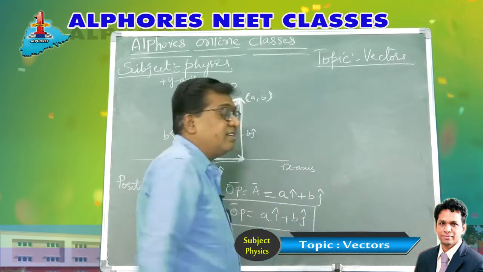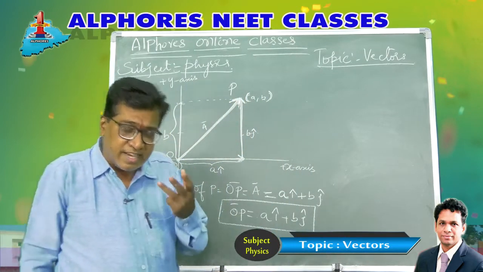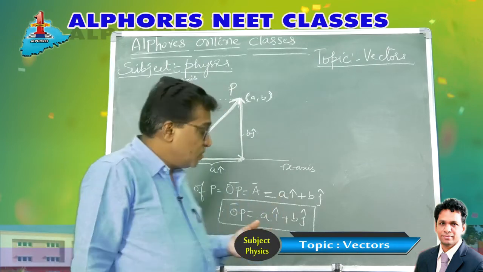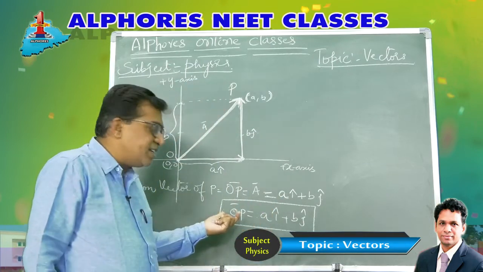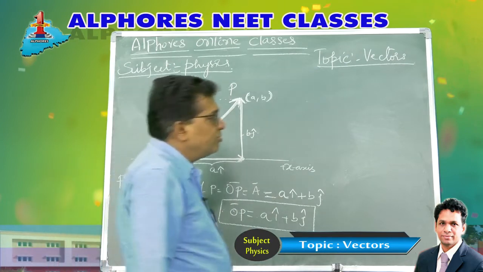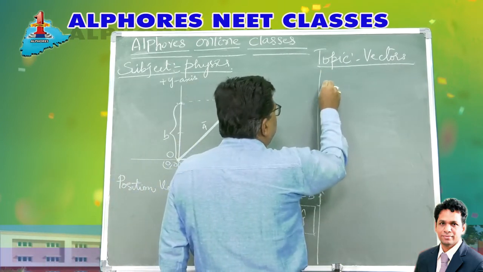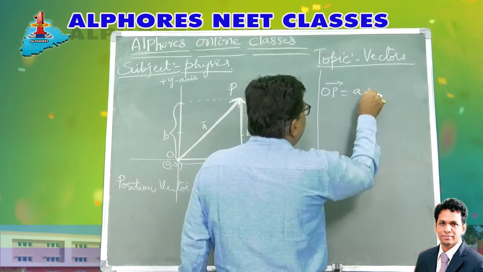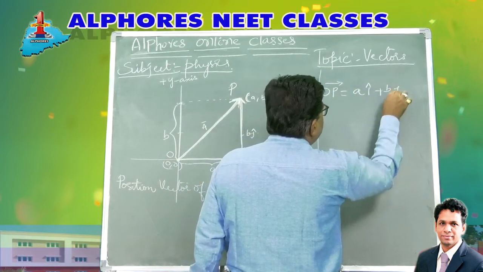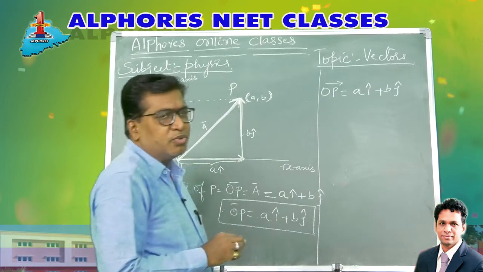Then for a vector, there is magnitude and there is direction, right? So how can I find the magnitude and direction of this vector? We have found the position vector of point P, OP bar, as A I cap plus B J cap. Then, how to find the magnitude?